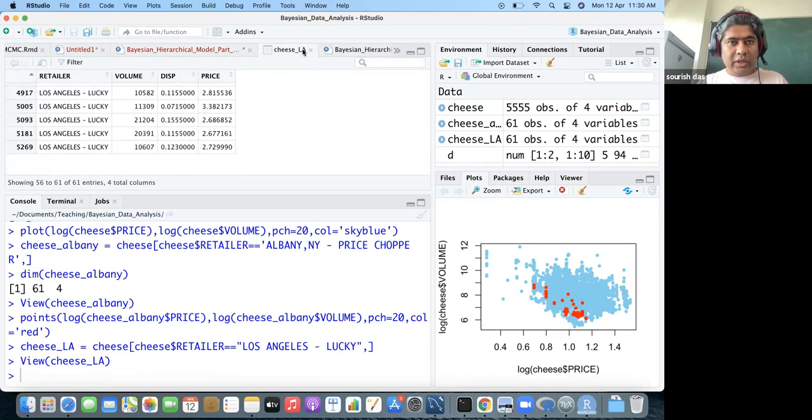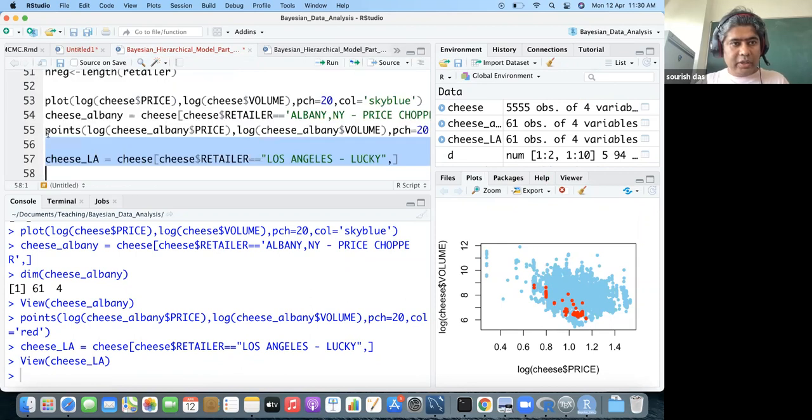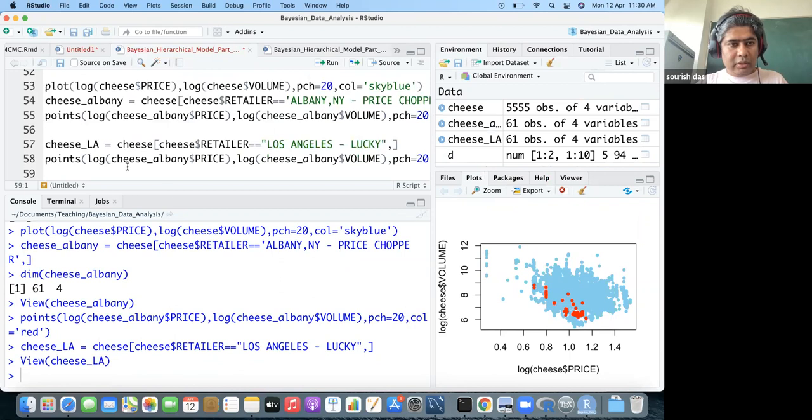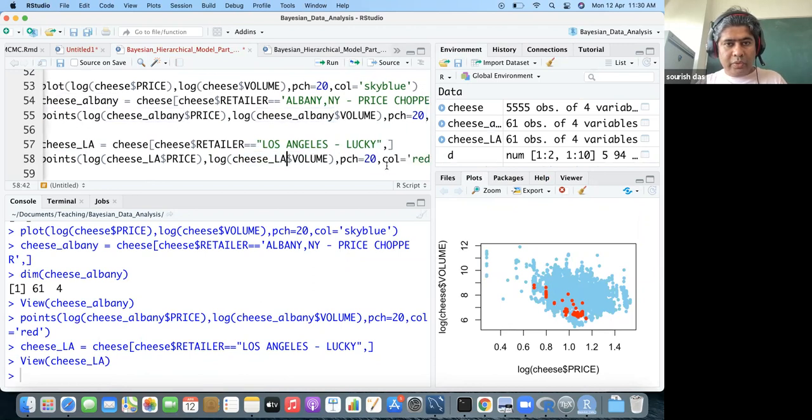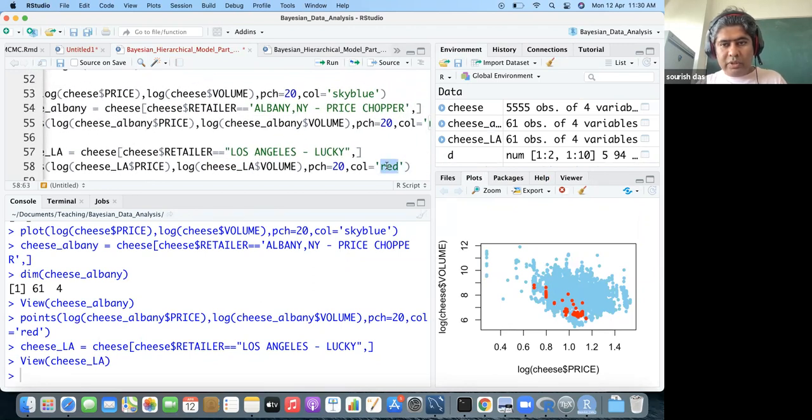You can see I create another subset, and in this one, instead of Albany, I'll put LA here and here. And instead of red, I would say blue, or blue is already there, maybe purple, or black. Okay.